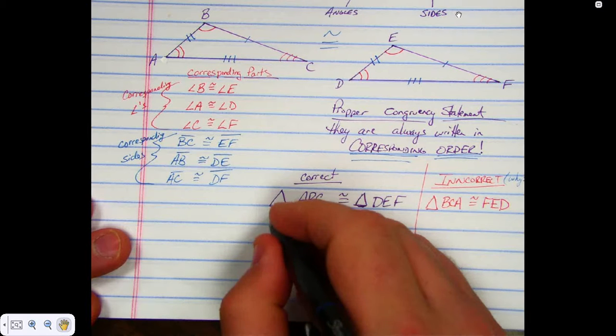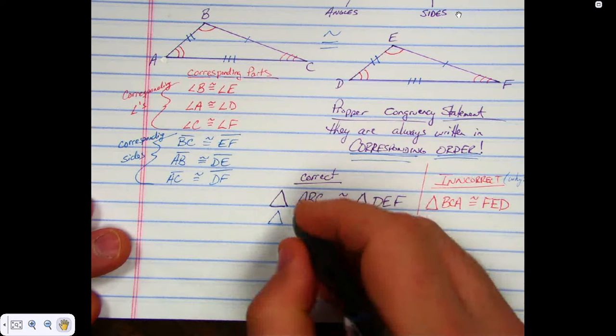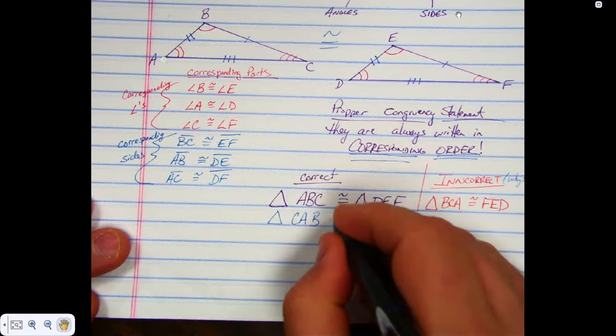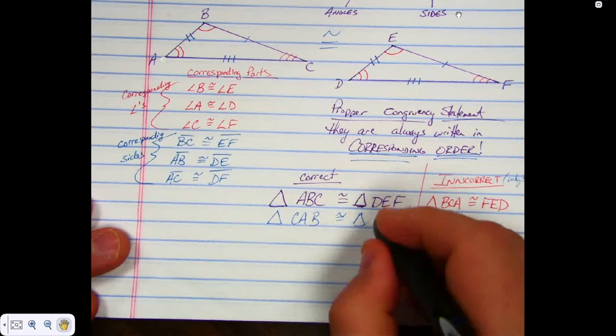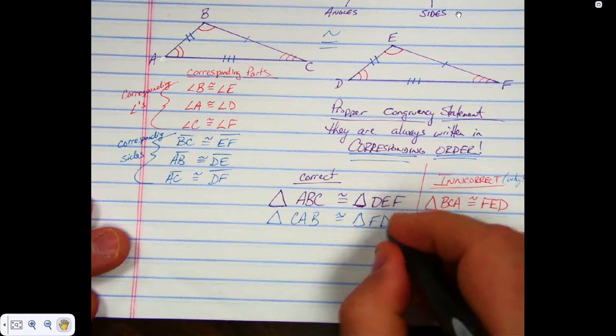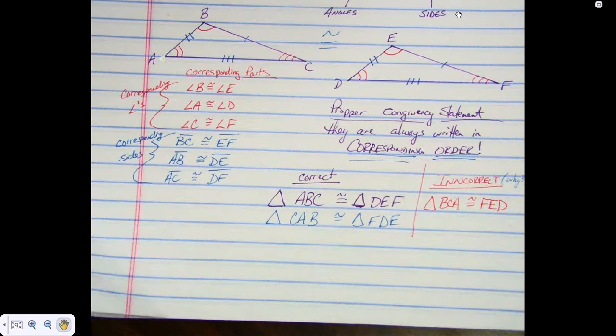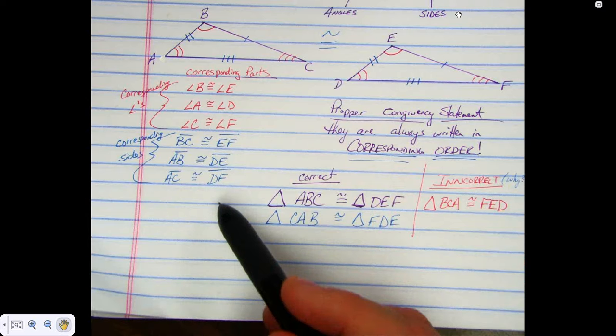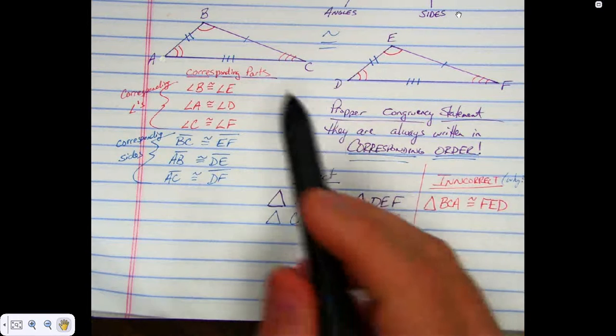There's a bunch of different ways to write triangle ABC. I'll tell you another correct way. Triangle CAB is congruent to triangle FDE. That is also a correct congruency statement. Basically, your order should follow these parts right over here, and the easiest way to think of it is by the angles.